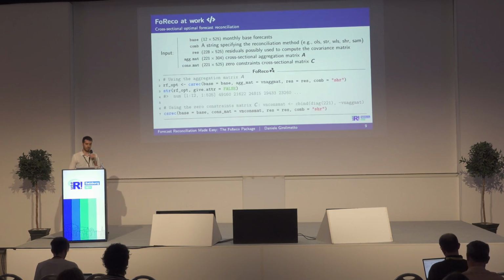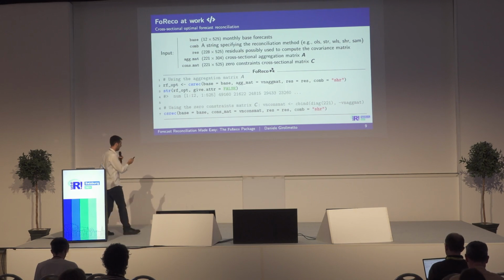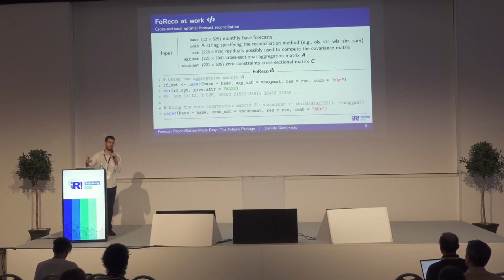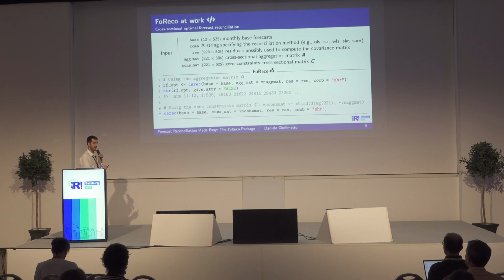So how to do that in FoReco? Very easily, we have a simple function for the cross-sectional case. We changed the notation to make it more friendly. Usually the first two letters stand for cross-sectional, and the third and the last part of the function stand for reconciliation.